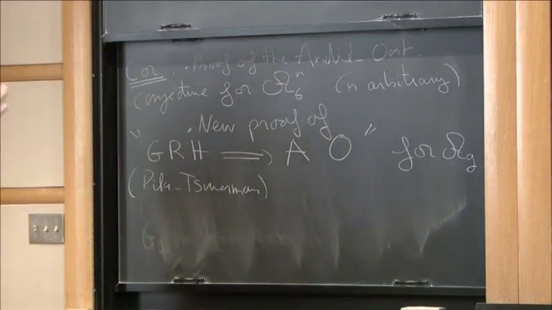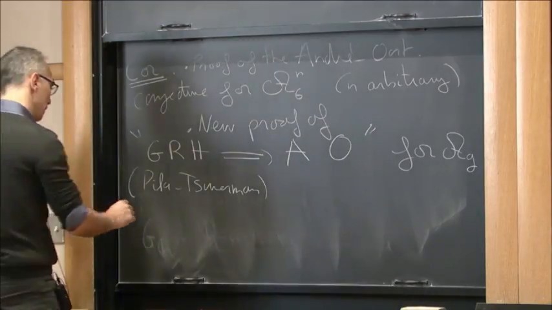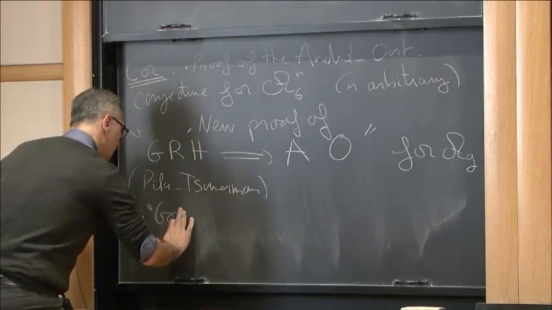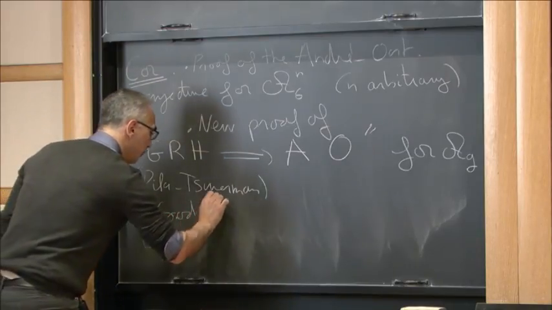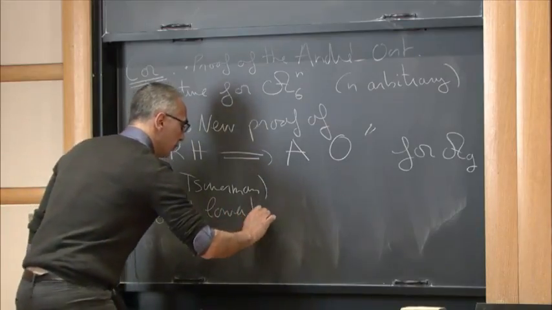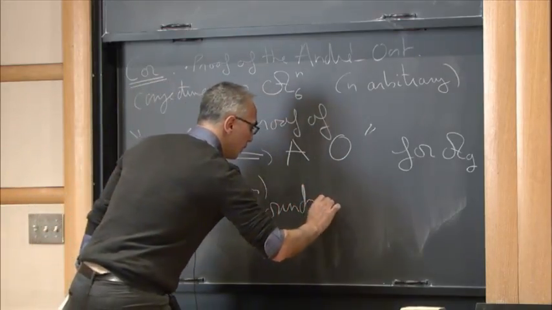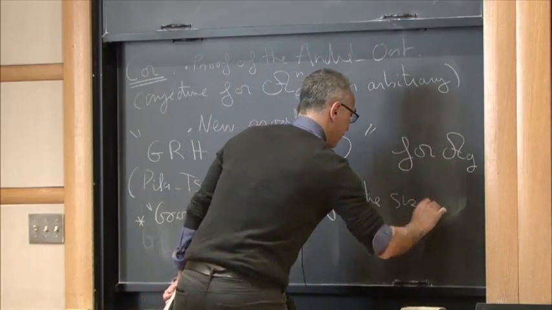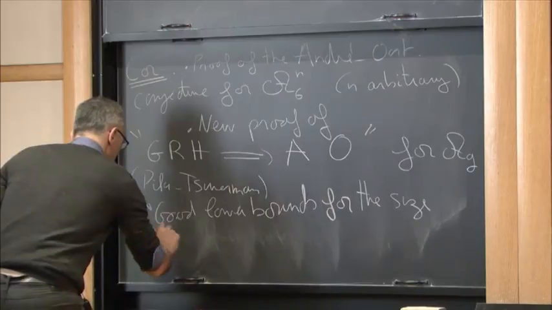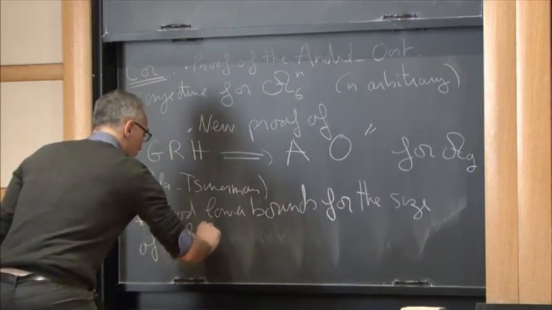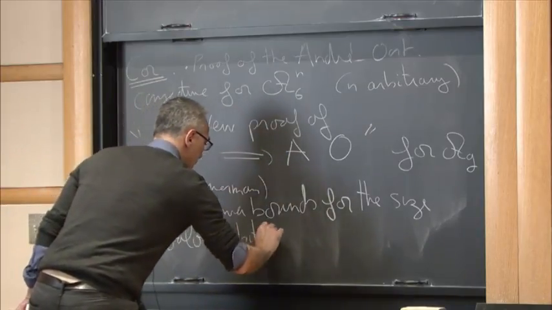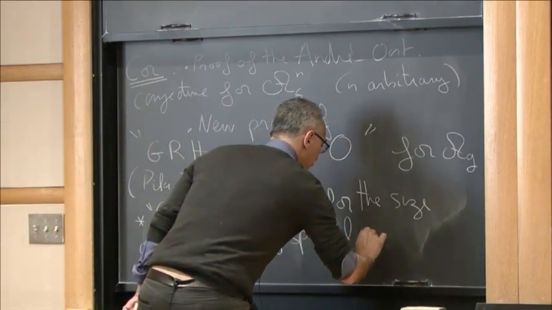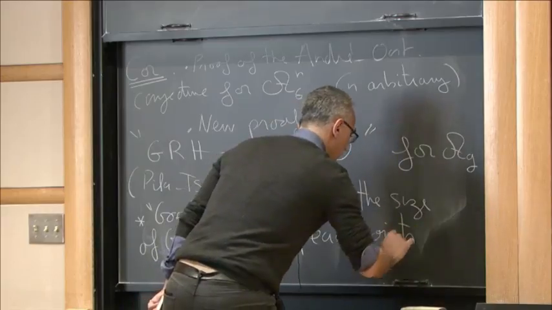And somehow the state of the art is that good lower bounds for the size of Galois orbits of special points implies it.